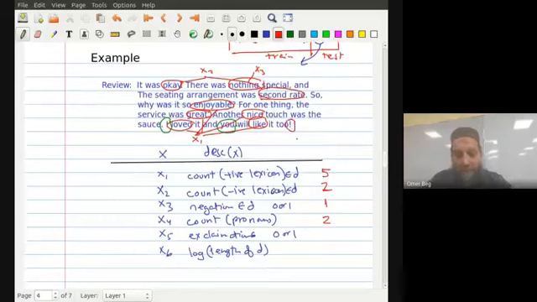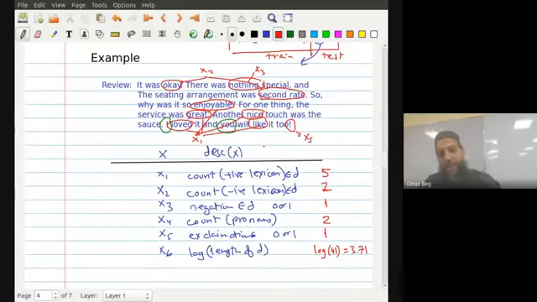Exclamations, yes, there is an exclamation. So this goes into x5, and this is a binary. So this is a 1. The length of the document, 1, 2, 3. I think it's 41. So log of 41 would be 3.71.